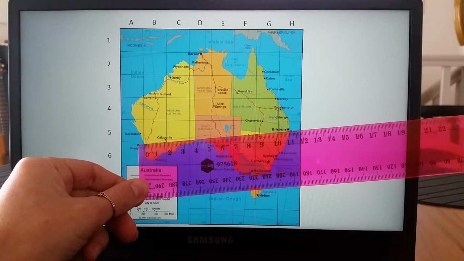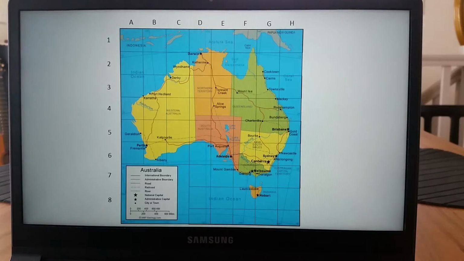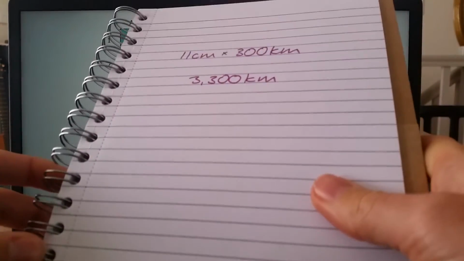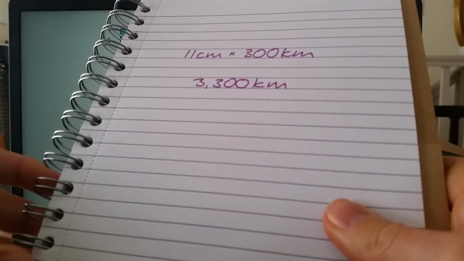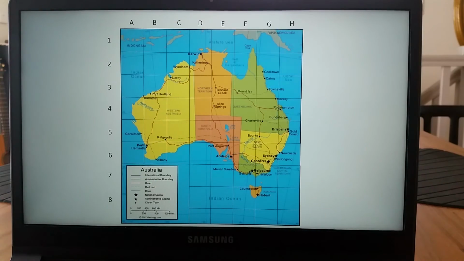So if each centimetre is 300 kilometres, we can use our calculation. 11 centimetres times 300 kilometres gives us a distance of 3,300 kilometres from Brisbane to Perth.